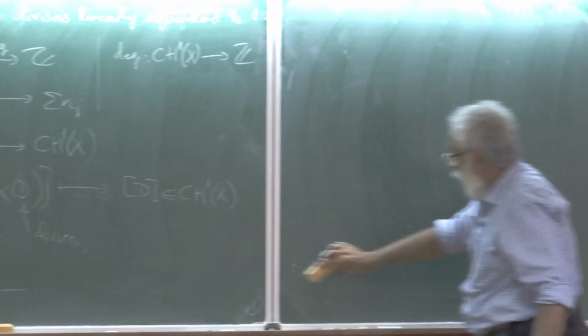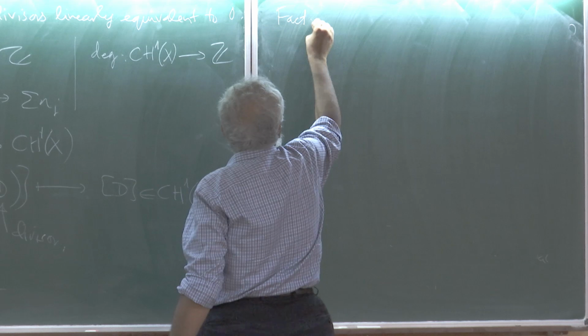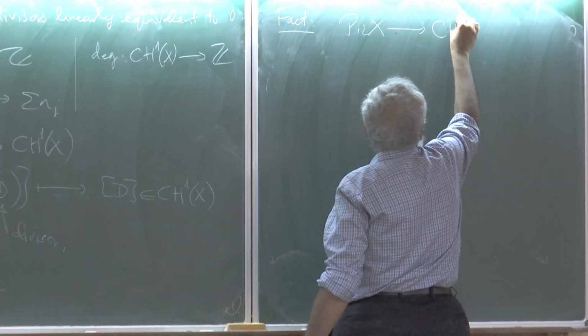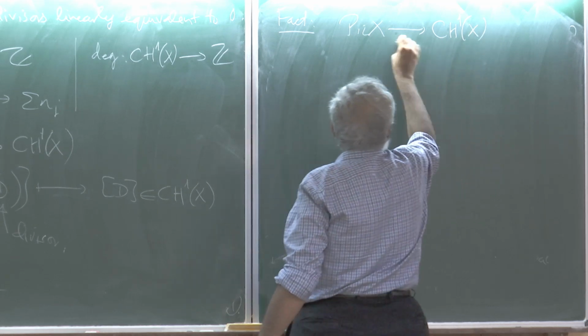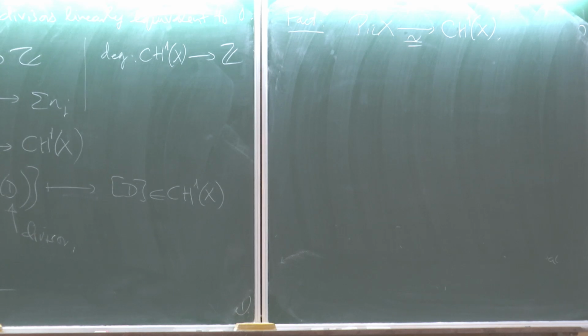And a further fact, this map from Pic X to Chow1 X is in fact an isomorphism. The two line bundles are isomorphic if and only if, if for each one I choose a divisor representing it, the two divisors are equivalent.